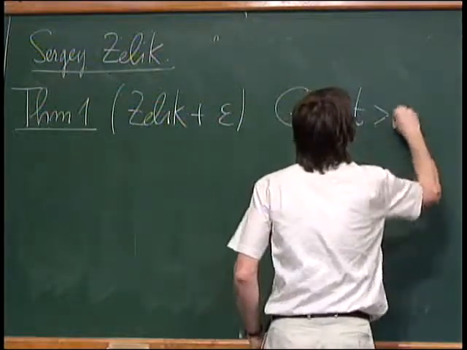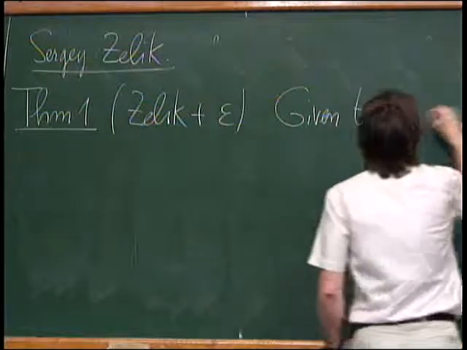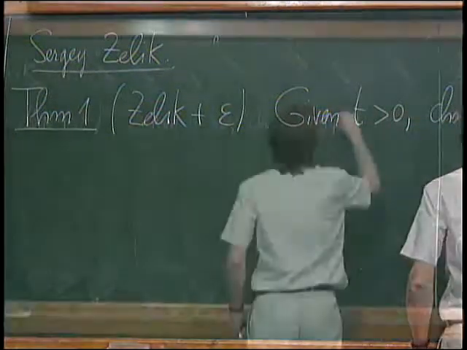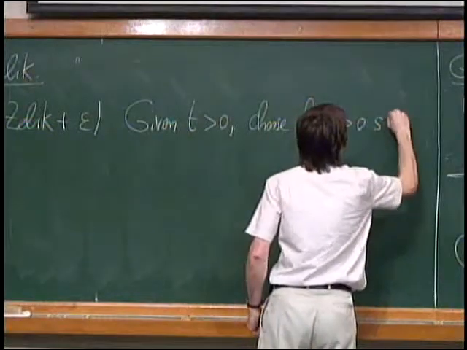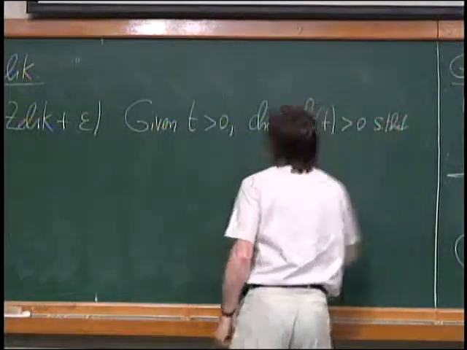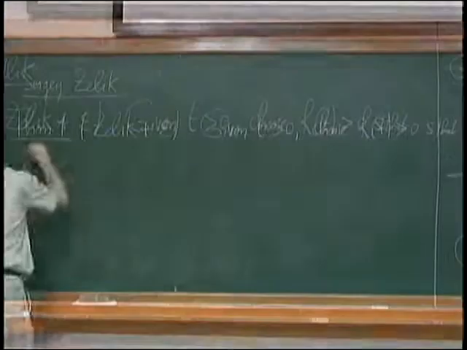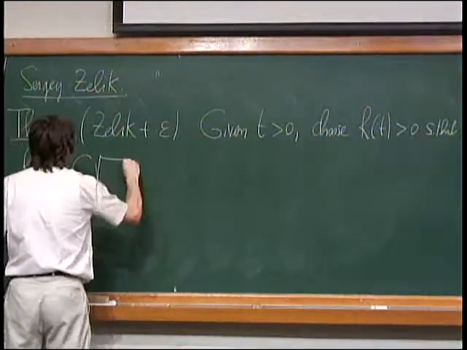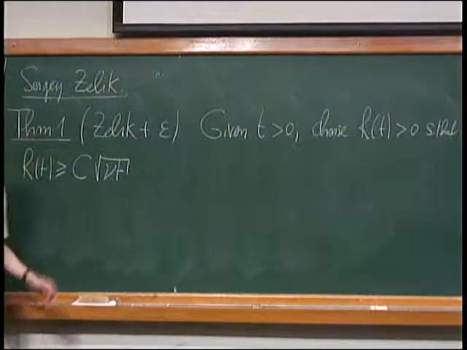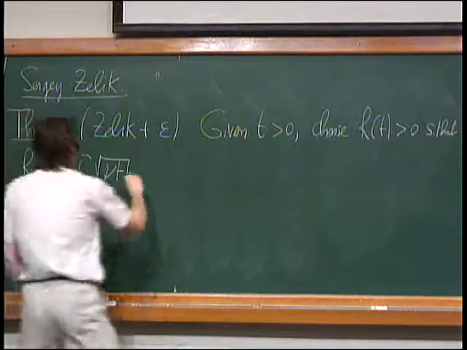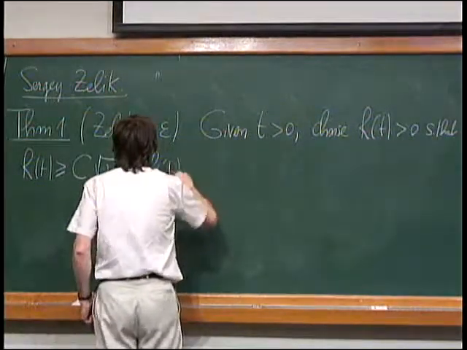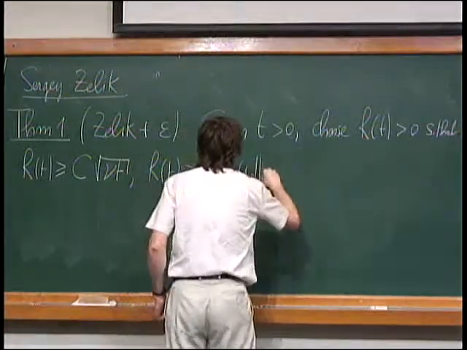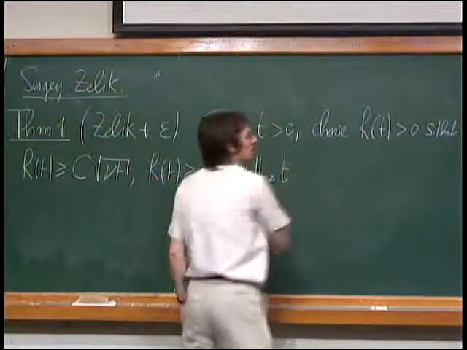Given a positive time, choose some r of t positive, which should be sufficiently large. So r of t should be larger than a universal constant times the square root of nu t. This is due to diffusion. Then r of t should also be larger than a universal constant times the L infinity norm of u0 times t.